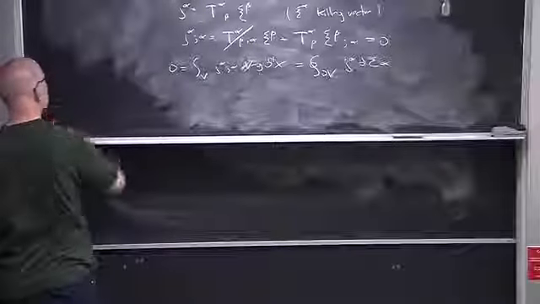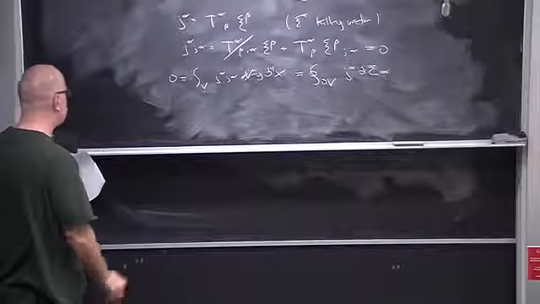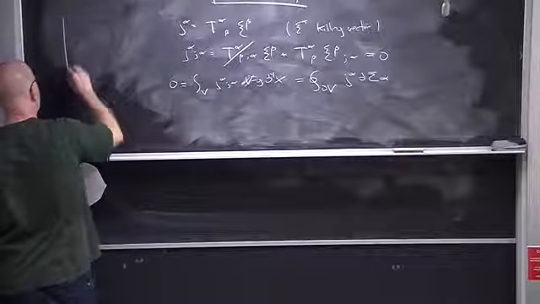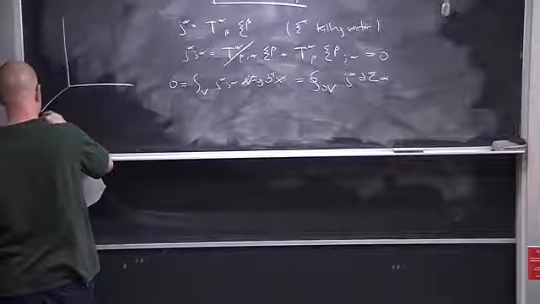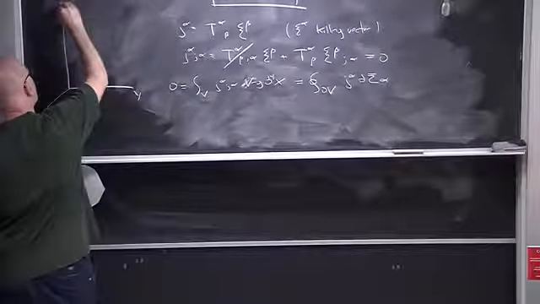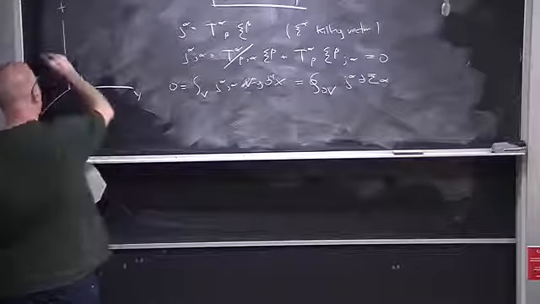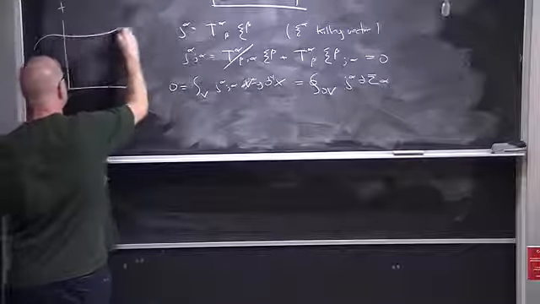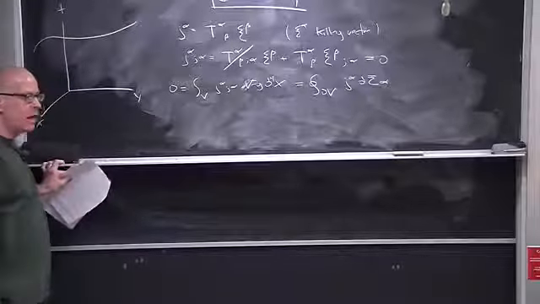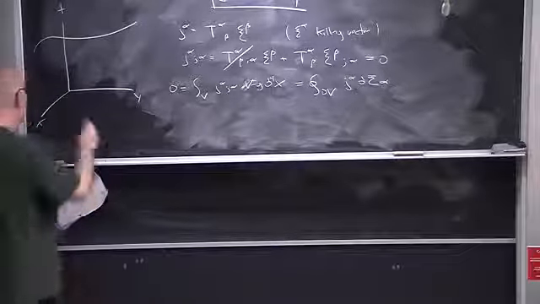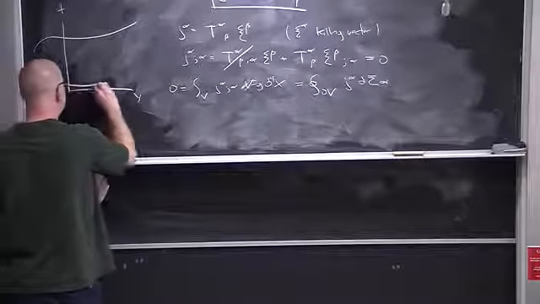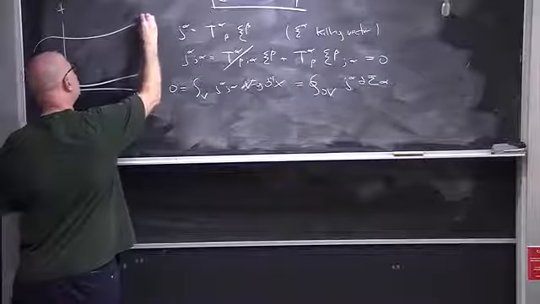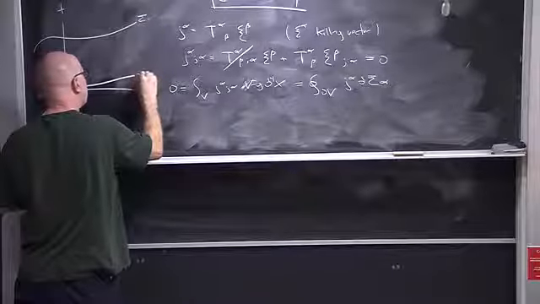Now, the situation we would normally encounter would be something like this. We have a space-time diagram, and we would have a hypersurface that is space-like over here, and another hypersurface that is space-like over here, sigma 1 and sigma 0.